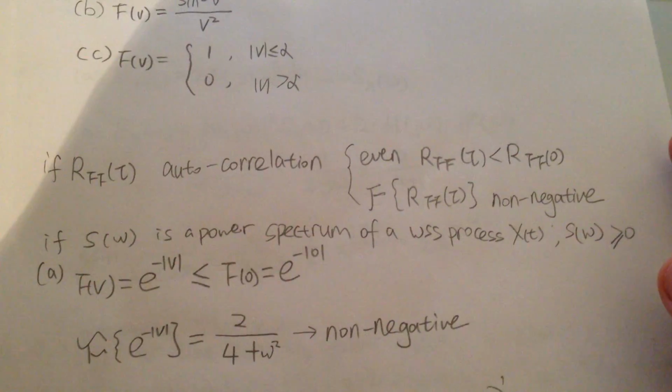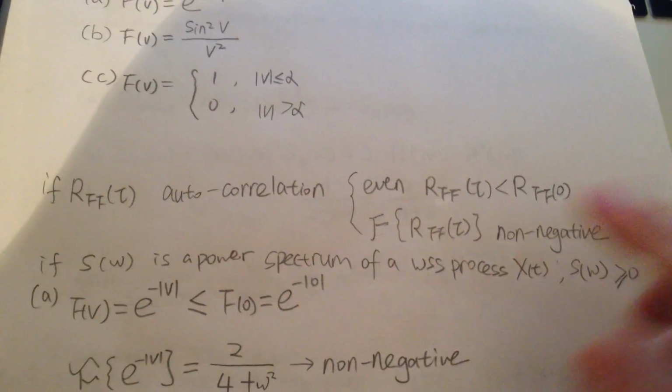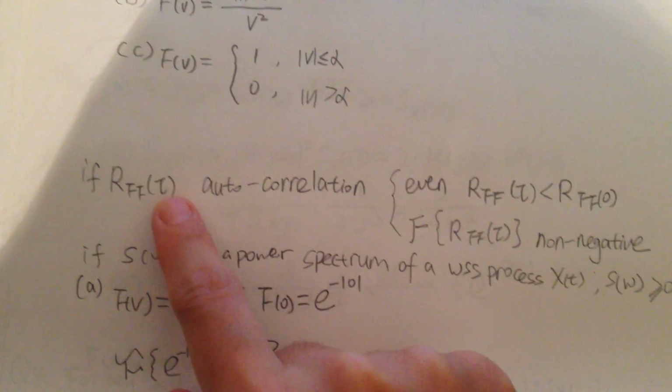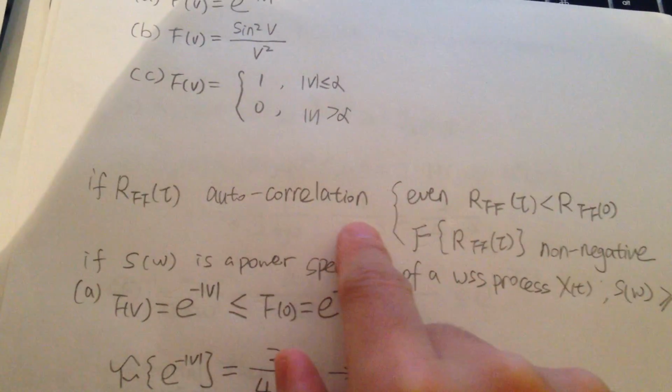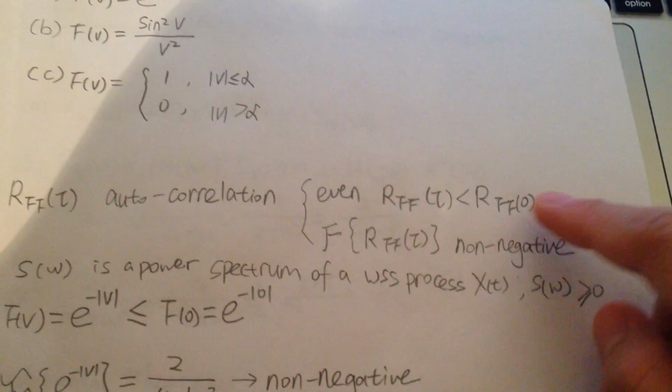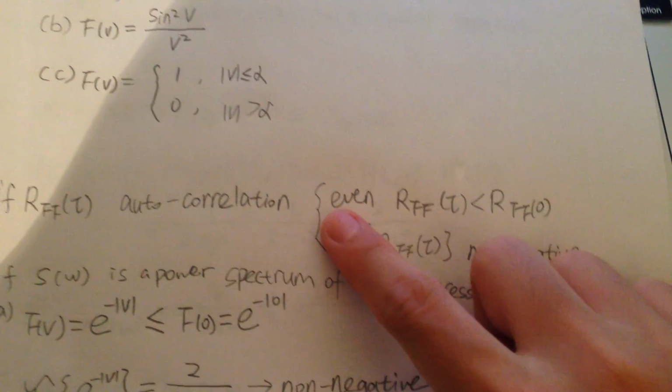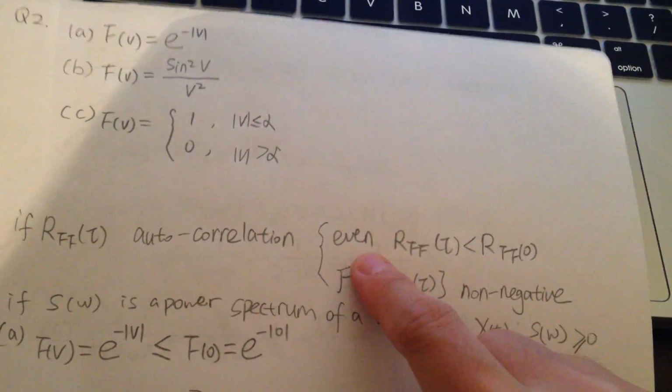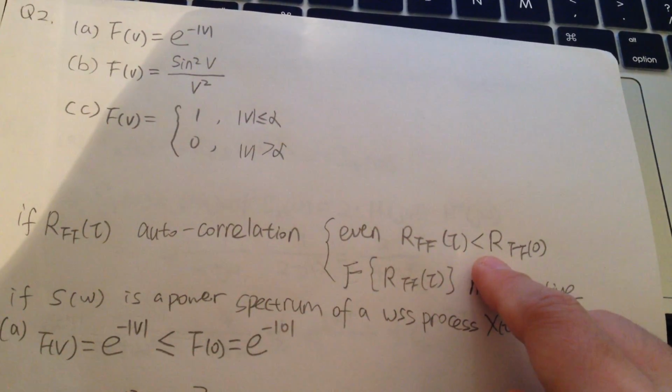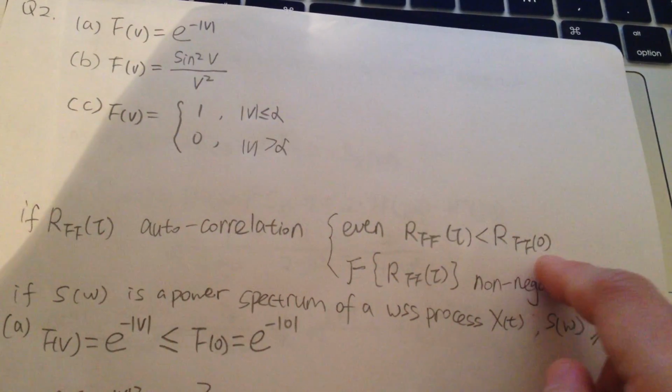So, we need to look at the definition first. If R_ff of tau is an autocorrelation, it must meet two conditions. First, this function is even and is less than or equal to the value at 0.